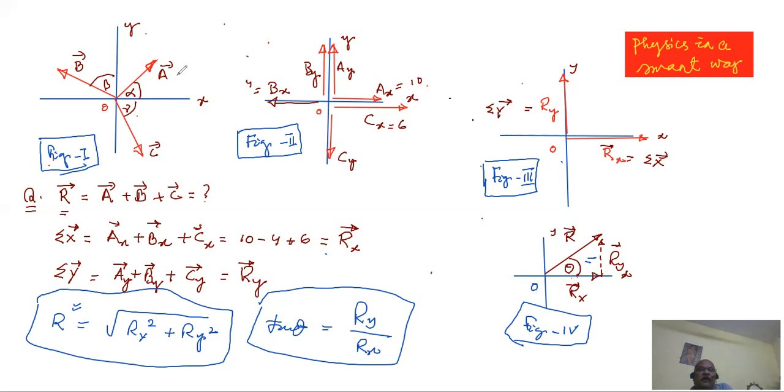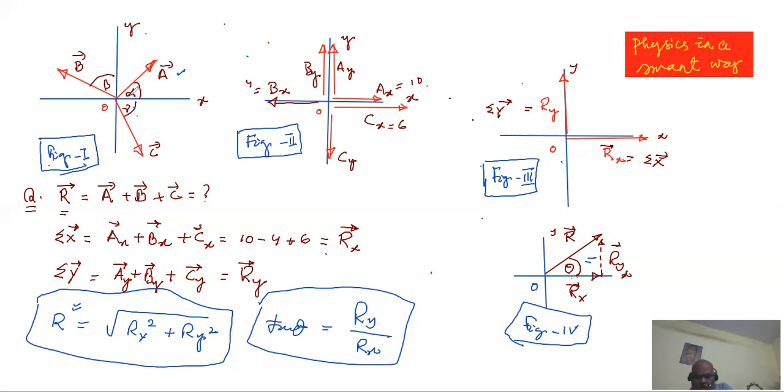In our sample case I have taken 3 vectors. But if you had taken 2 or 3 vectors more, then no problem. Our number of steps will be limited to 4 only. You break every vector into its x and y component, then collect all the x components and make it a single vector, collect all the y components, make it a single vector, and then combine the net x component and y component, sigma x and sigma y, into the final vector, that is the resultant.